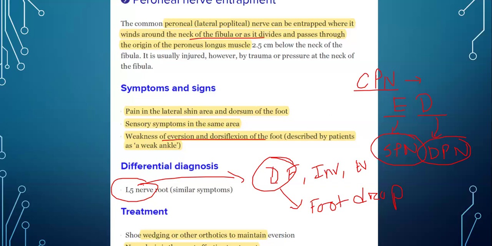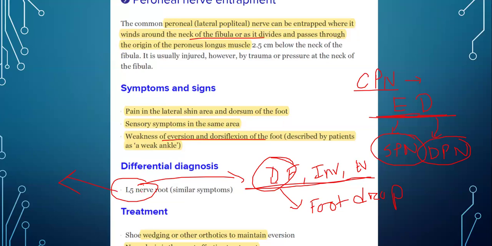The way to differentiate is that L5 only supplies the lateral part of the leg, not the anterior part of the leg. The other one is L5 helps with dorsiflexion, inversion and eversion, whereas common peroneal does not help with inversion. Okay, that's usually the only way to differentiate between these two.